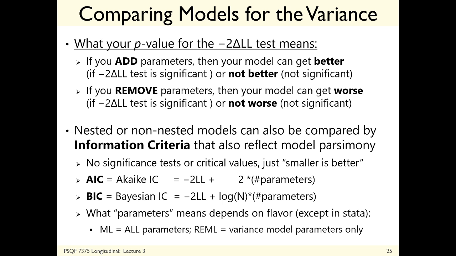So within a program, it will be internally consistent. It will always use the same version of n, but across programs, you can get a different BIC based on what they call n. What SAS does is n at the highest level of the model. So in this case, it's level 2. That changes in models with cross-random effects where n is the number of unique combinations across the crossings.